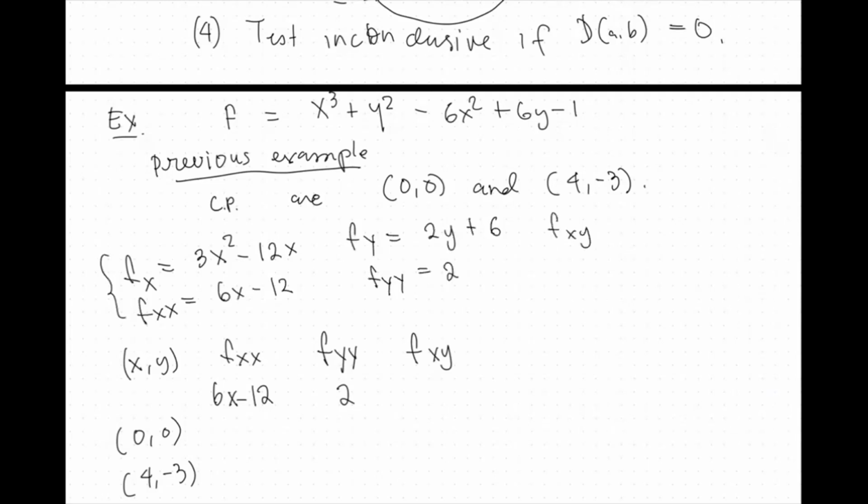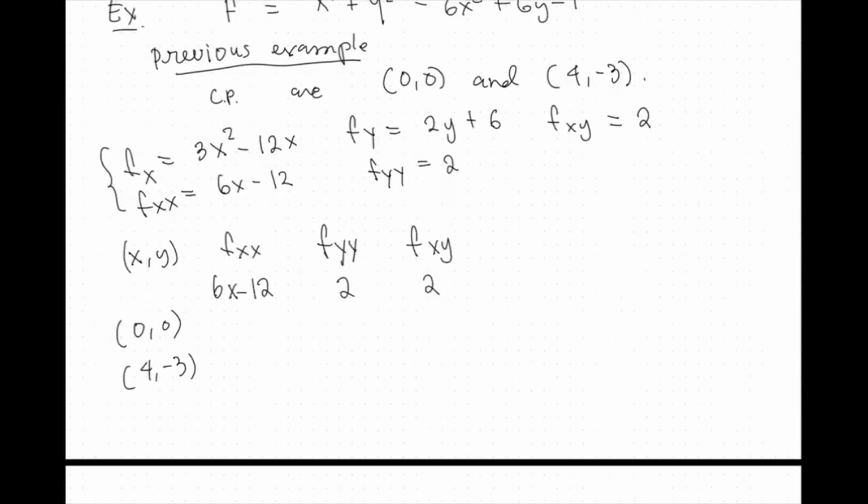And f sub xy, we take the derivative with respect to y, it's just 0. If we evaluate at 0, 6 times 0 minus 12 is minus 12. And here 6 times 4 minus 12 gives 12.